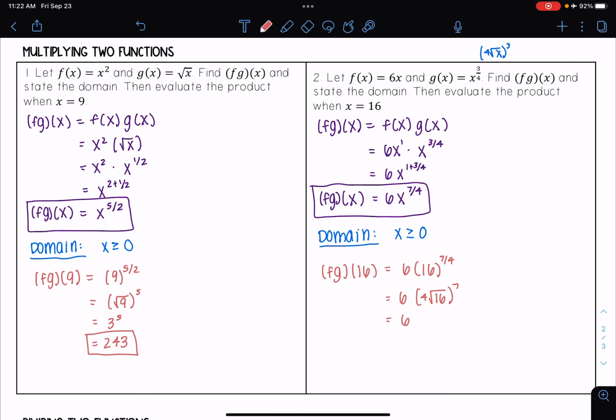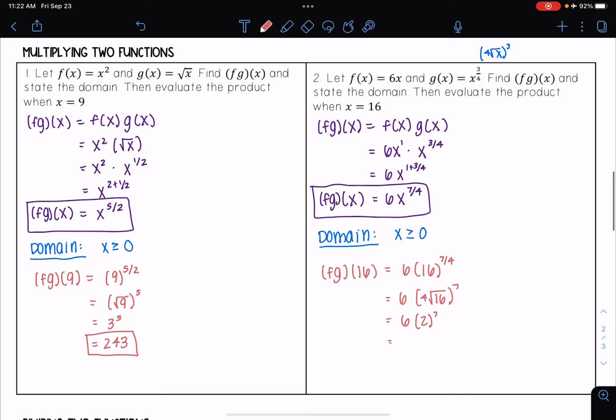Well, the 4th root of 16 is equal to 2. So this is 6 times 2 raised to the 7th power. 2 raised to the 7th power, I get 128. So this is 6 times 128. And when I multiply 6 and 128, I get that this is equal to 768.